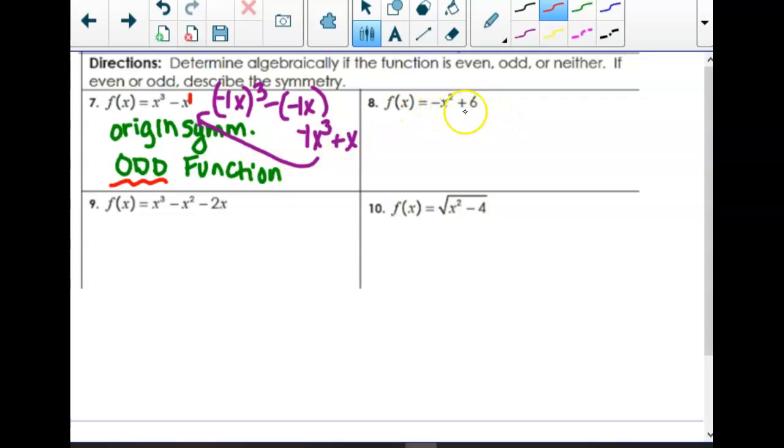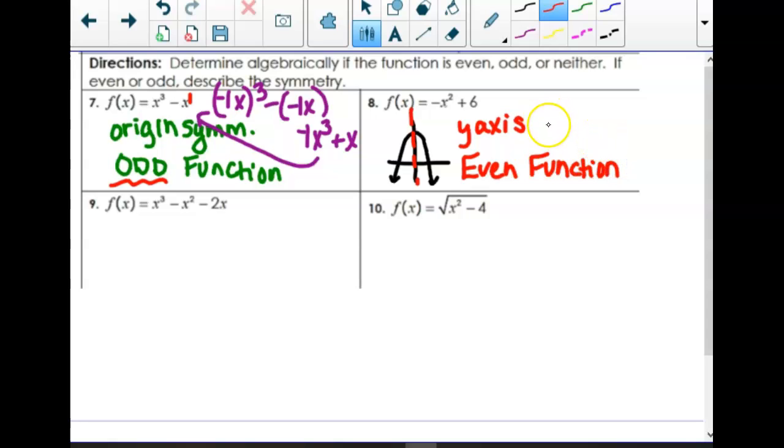All right, negative x squared plus 6. You can graph that in your calculator, but it's going to be up here at 6, opening down. So what kind of symmetry does this have? Y-axis symmetry, which makes it what kind of a function? Even.